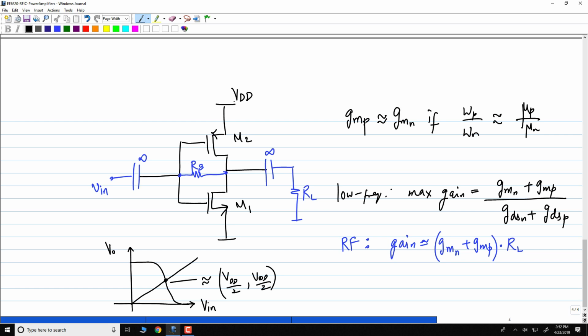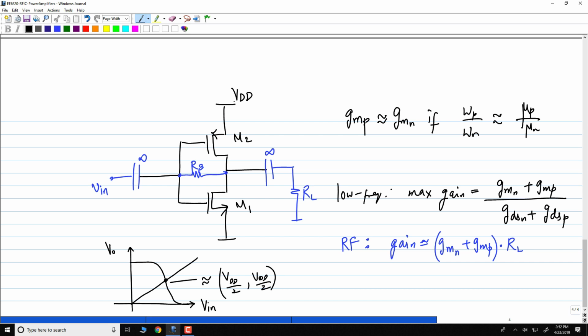If you design this correctly, if you make sure that WP by Wn is the same as mu p by mu n, and let's assume that threshold voltages are the same, will they have the same overdrive voltages? Yes, they will. Of course they will. If you design it properly, they will have the same overdrive voltage.